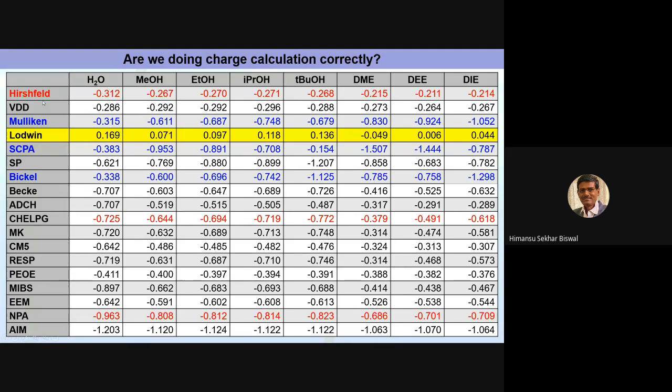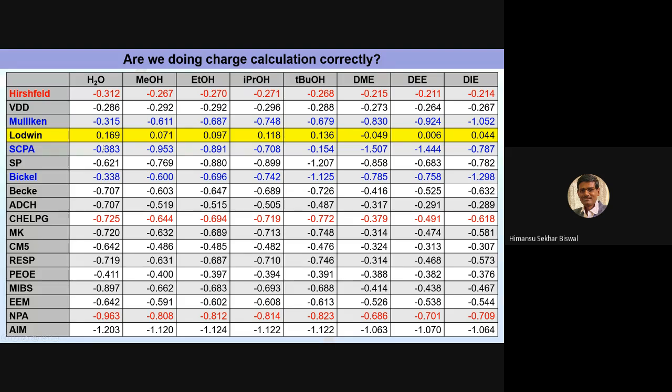But the previous report, which I showed in the last slide, was done with Hirshfeld charges, and here the charge is reduced, becoming more positive going from water to methanol. On the other hand, the Mulliken charge gives the way we were thinking. So Mulliken says methyl has a plus I effect, Hirshfeld says methyl has a minus I effect, and it's bizarre.